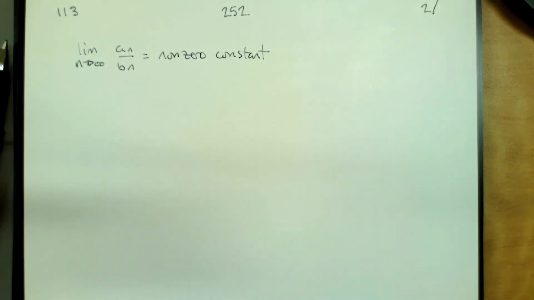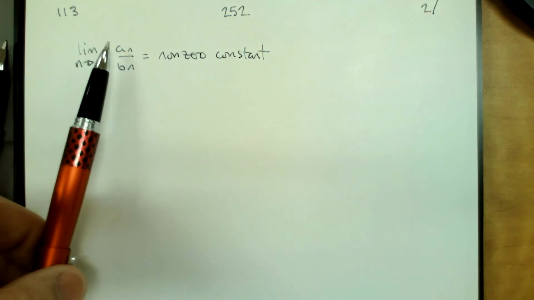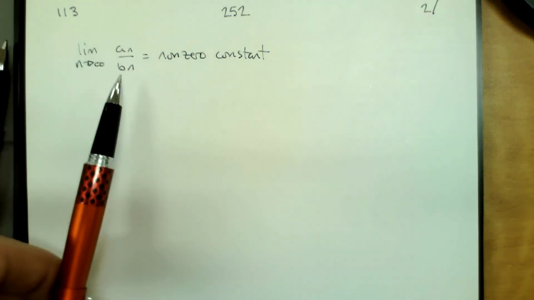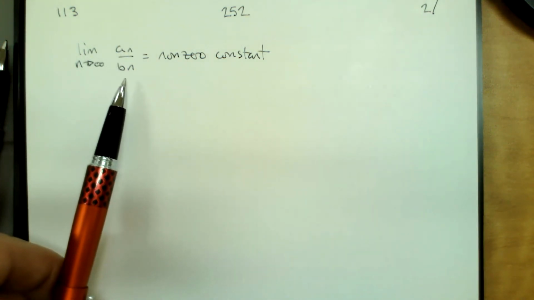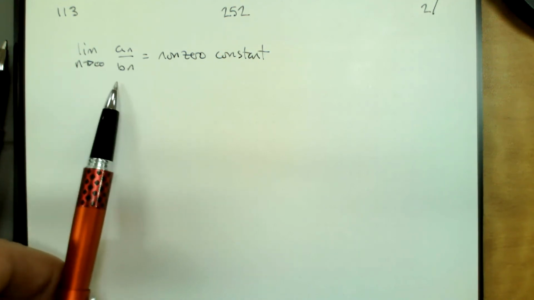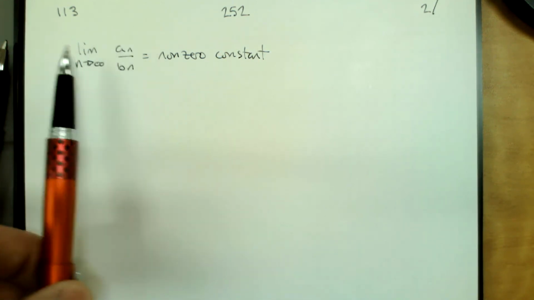Neither one is winning. If this limit goes to 0, that means the denominator is growing faster than the numerator. It's behaving like 1 over n, and this is going to 0. So that's not helping us because they're not comparable. We're putting up a little league team against a major league team. The major league team is going to outpace the little league team, and this limit will go to 0.